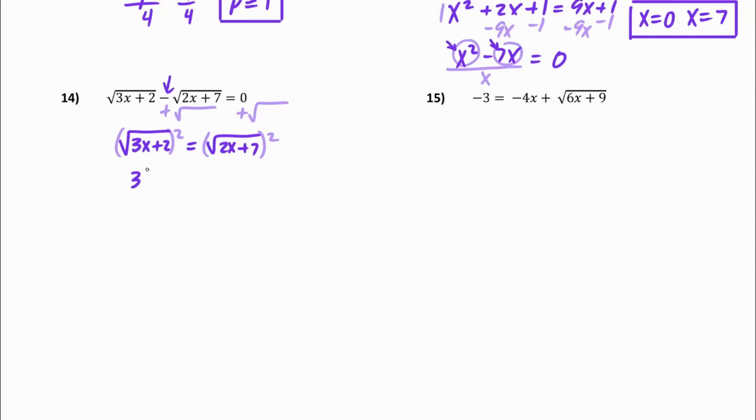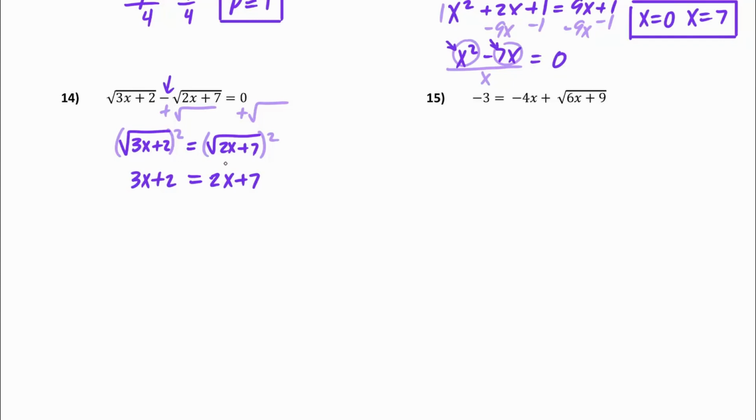That leaves, since the square root's inside, 3x plus 2, no absolute value bars, and then 2x plus 7, no absolute value bars. And actually in this work, the prior problem went to a squared power.